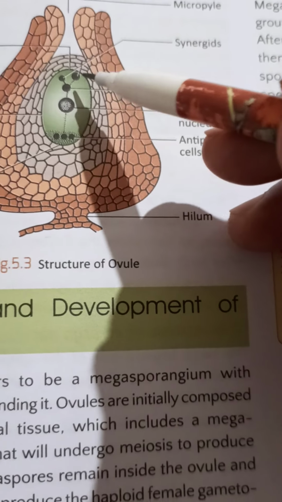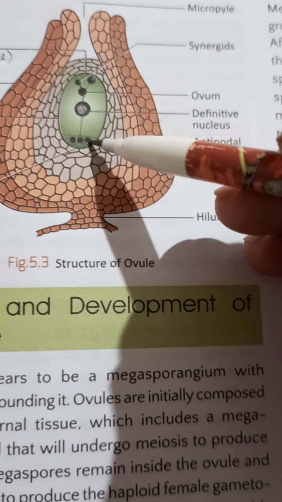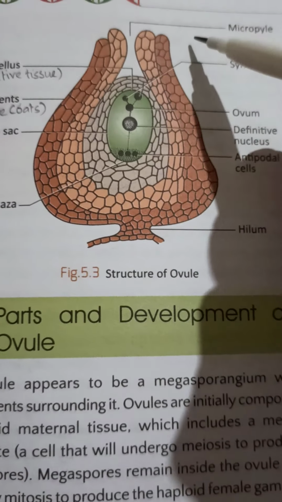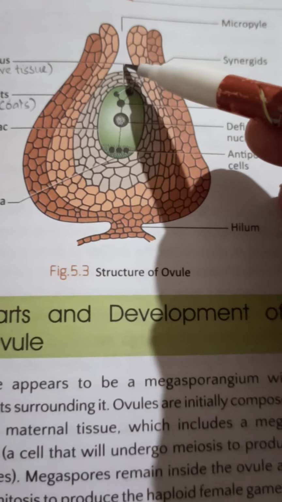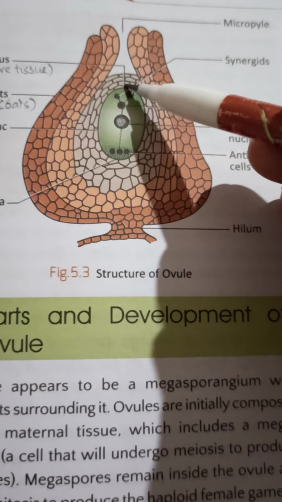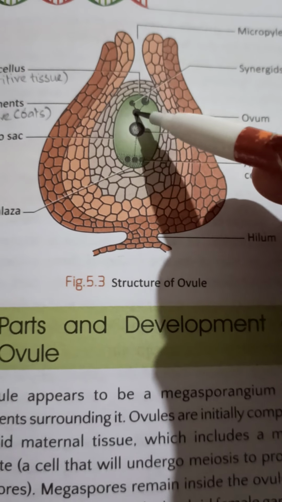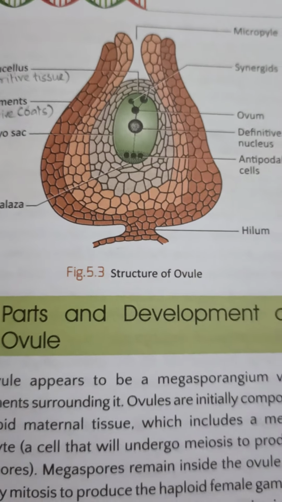On the opposite side of the synergids, three antipodal cells are present. So what happens when the pollen tube proceeds into this region? The tube nucleus degenerates and two male nuclei pass into this region. Ultimately, one male gamete fuses with the ovum and another fuses with the definitive nucleus.